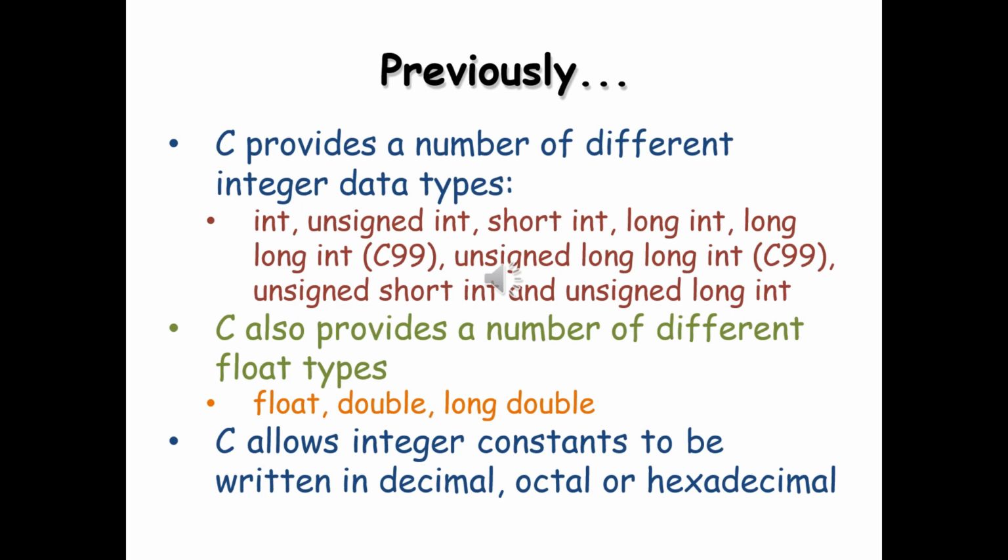In programming, we have different data types for different kinds of numbers. In C, we have integer data types like integer, unsigned integer, short integer, and so on. These are like different size containers for storing whole numbers. You can imagine them as different size buckets for holding water, where each bucket can hold a different amount.